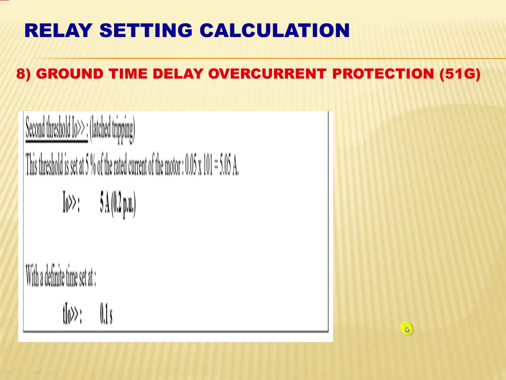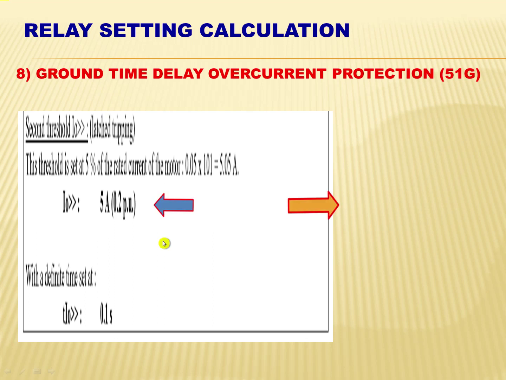Next will be our relay 51G or ground time delay over current protection. Here, our threshold or current setting value, we just multiply the rated current of the motor, 101, times 5%. So that's why we have here 5.05 ampere, or 5 ampere rounding off, or 0.2 per unit.